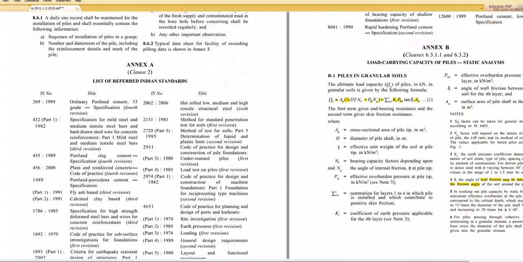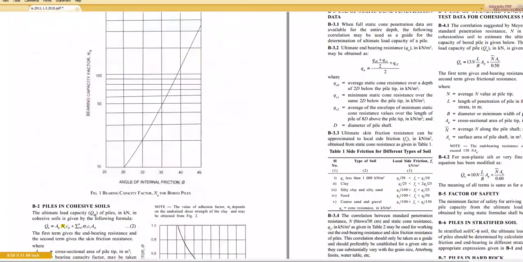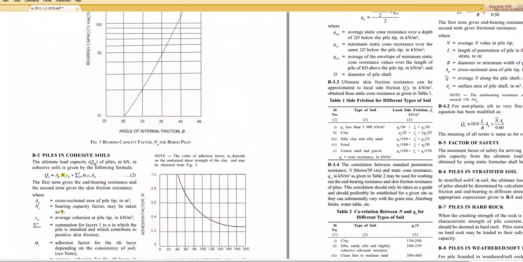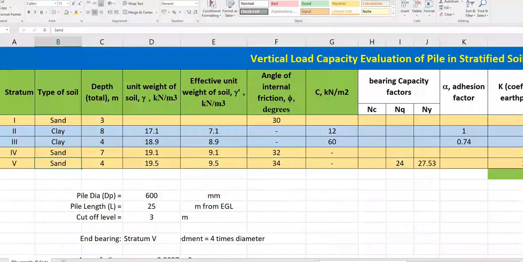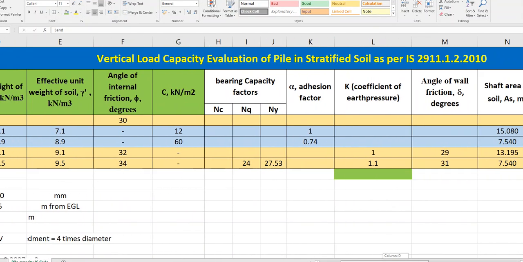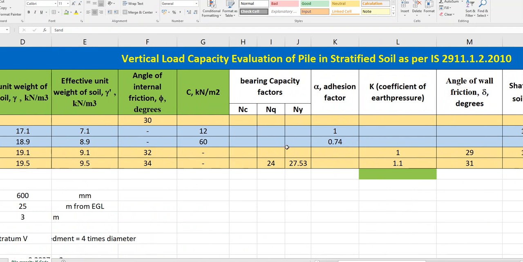So we will use this expression for end bearing, and we will ignore this first expression, because it is valid for clay soils. For our case, it is ending in sand, so we will ignore this NC value. It is not at all utilized in this calculation.